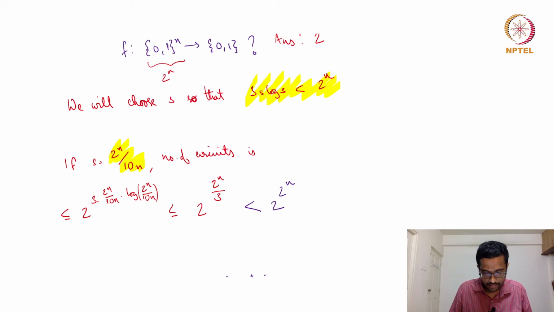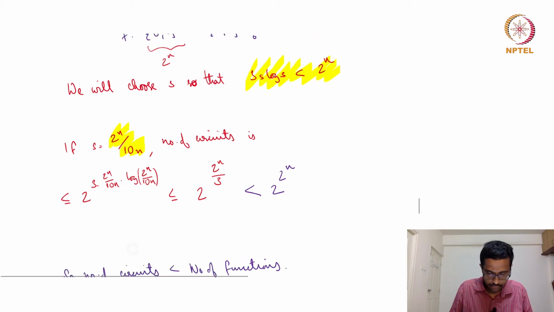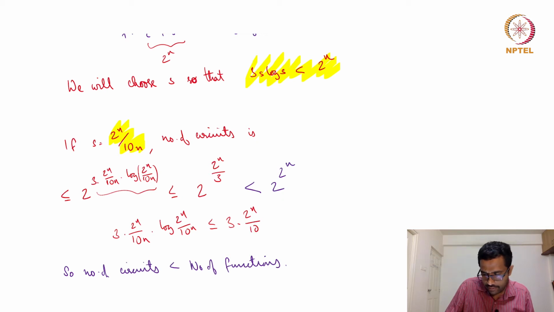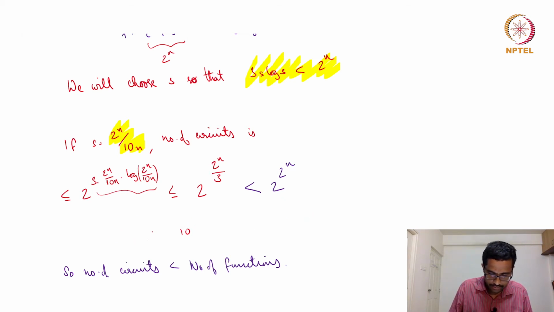So the n in the 2 power n and the n in the 10n cancel. So 3 times 2 power n divided by 10n times log of 2 power n divided by 10n is less than or equal to 3 times 2 power n divided by 10, and this is strictly less than 2 power n divided by 3. I think this is a straightforward calculation, but I am erasing it.